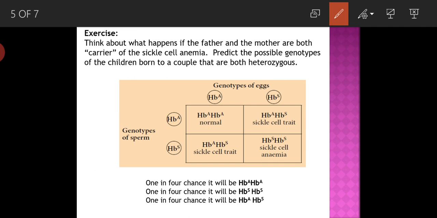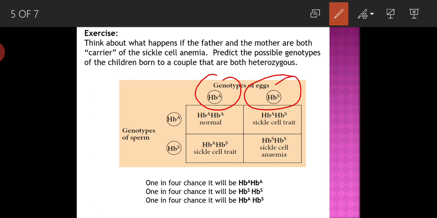Being carriers means that they have the genotypes HbA and HbS.